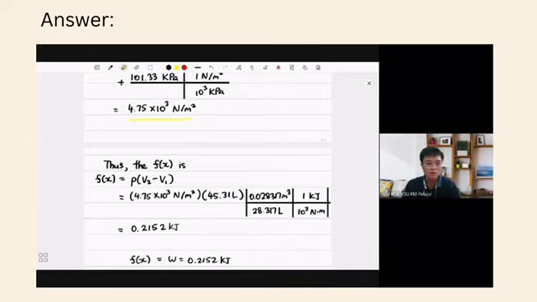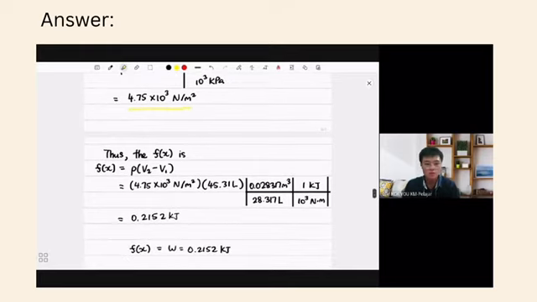Since we already found the pressure, right now we just substitute the pressure inside the formula, and we notice that the change in volume of the air is actually 45.31 liter.